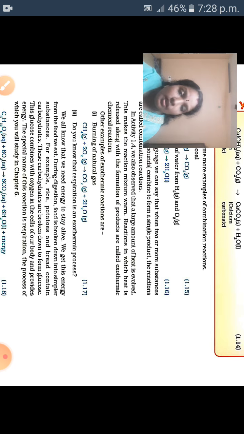During digestion, these carbohydrates are broken down into glucose.